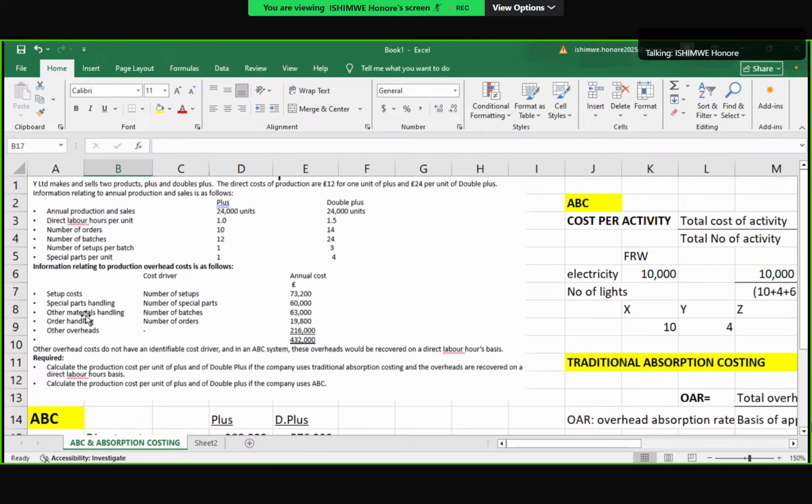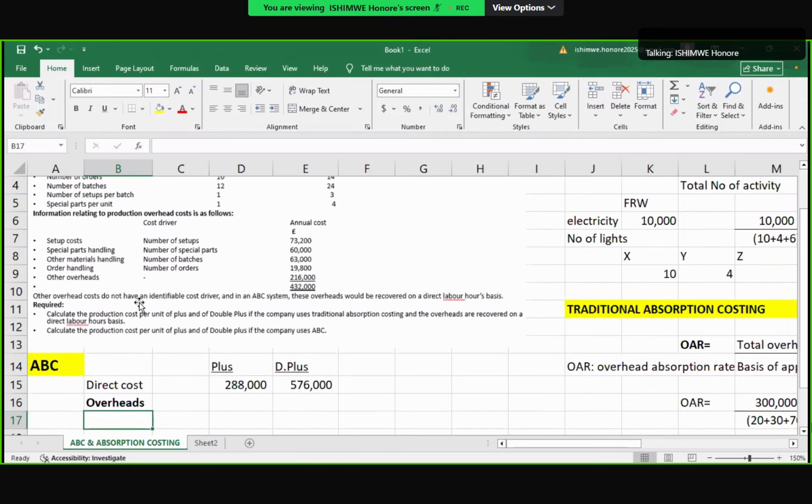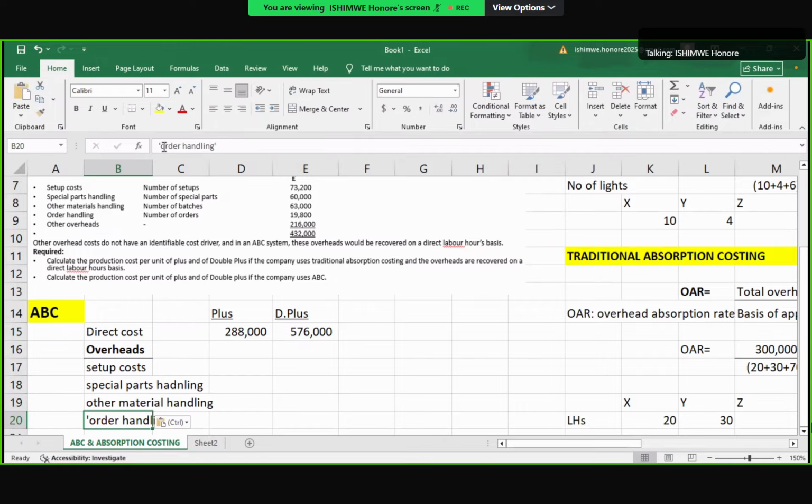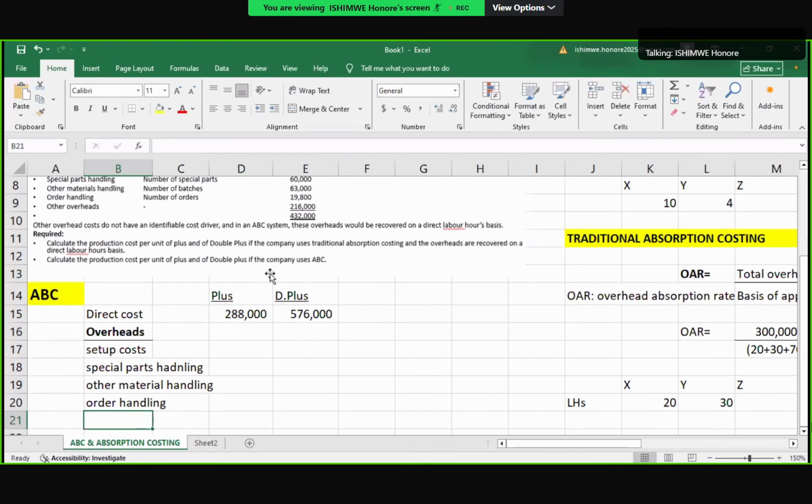When you use activity-based costing, you need to write all of these activities the way they are. You first write: setup cost, special parts handling, other material handling, order handling, and other overheads.